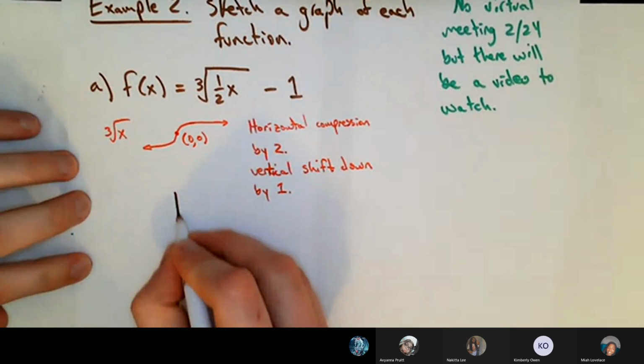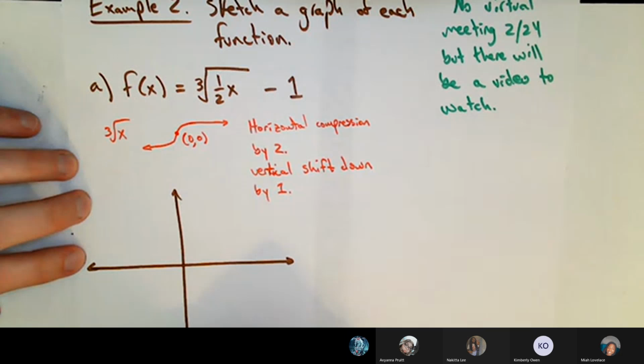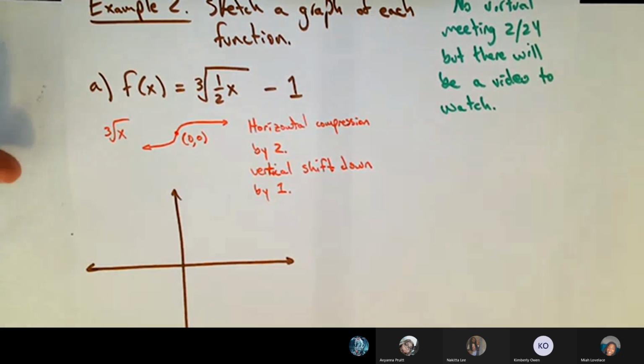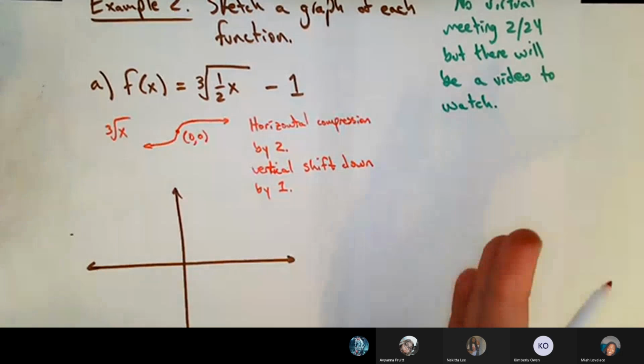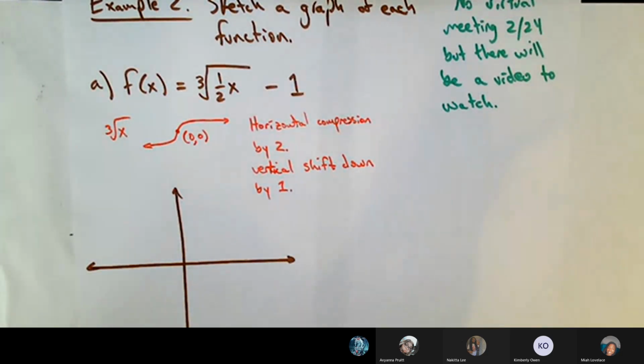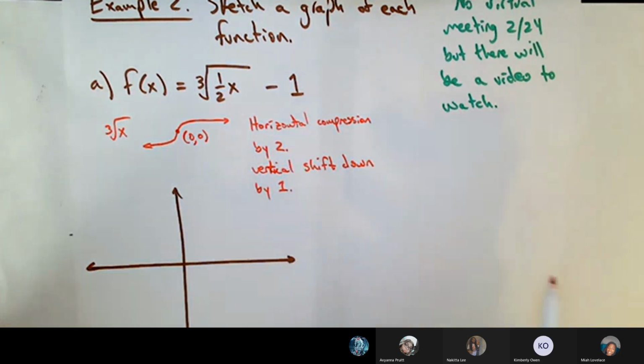So if I graph this, I know what my base graph looks like. I'm going to do the horizontal compression first. So I'm going to compress this horizontally. It's important to think about what kind of compression it is, right? Horizontal compression is coming from the sides.